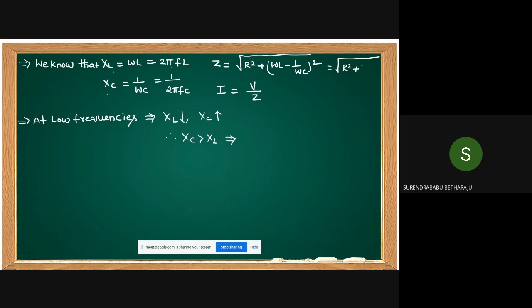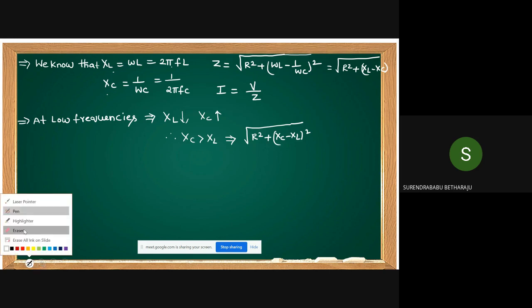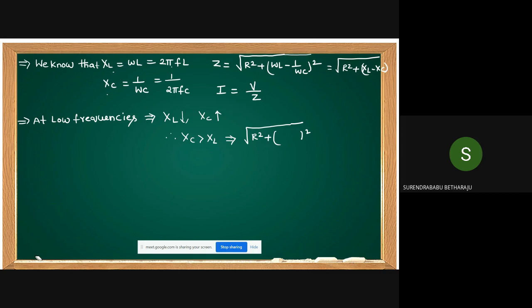At low frequencies, if XC is greater, it means the negative term is greater. Then what is the square root of R square plus XL minus XC, students? XC is greater, so the negative term is greater.